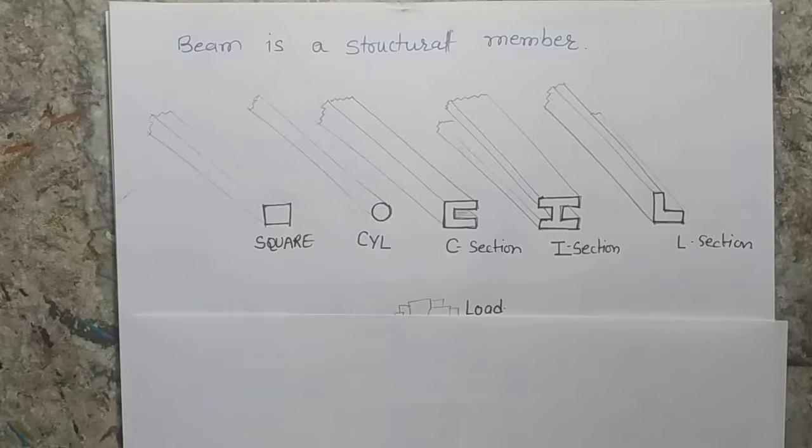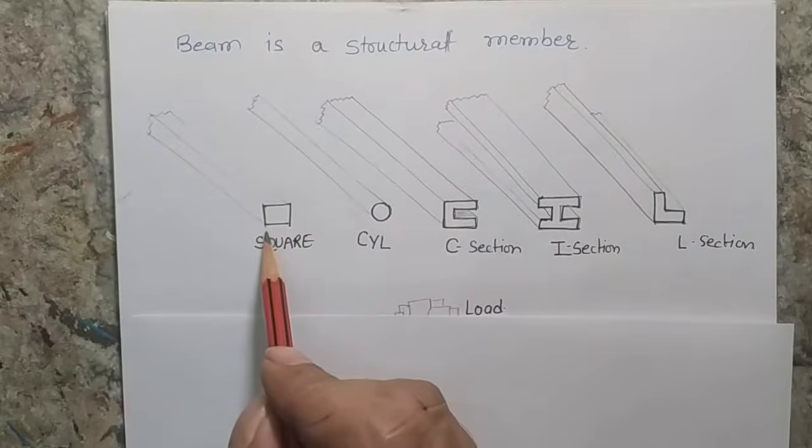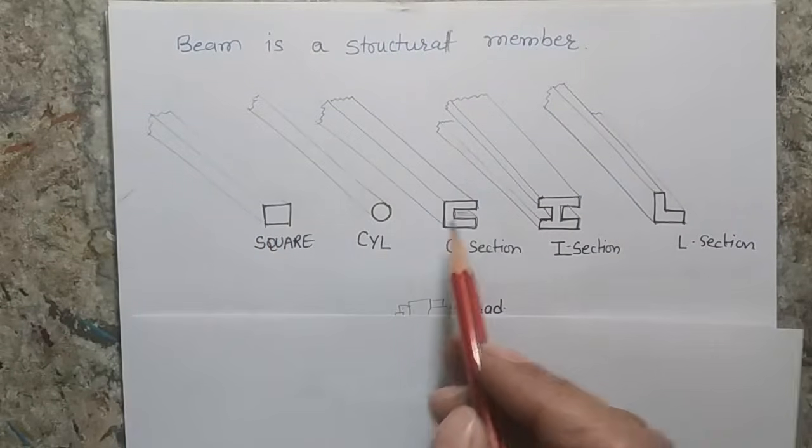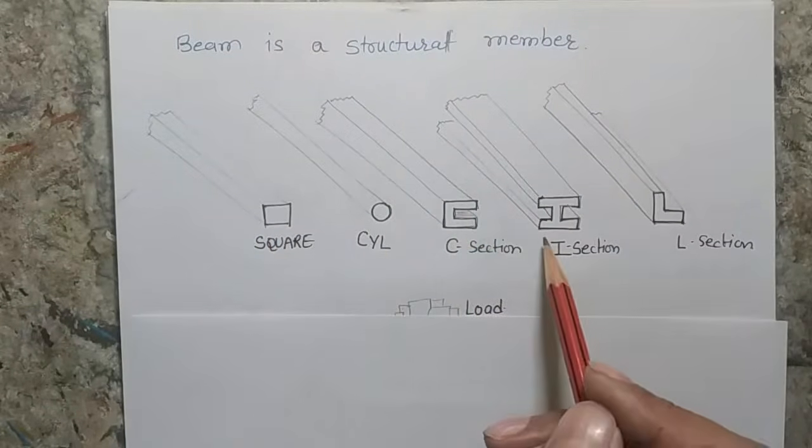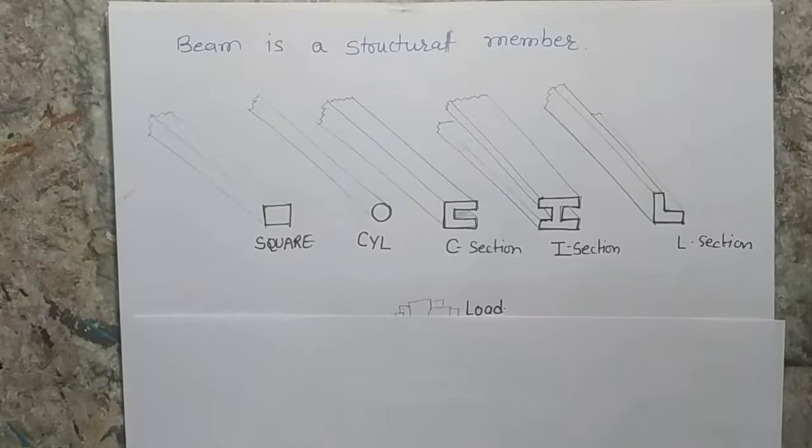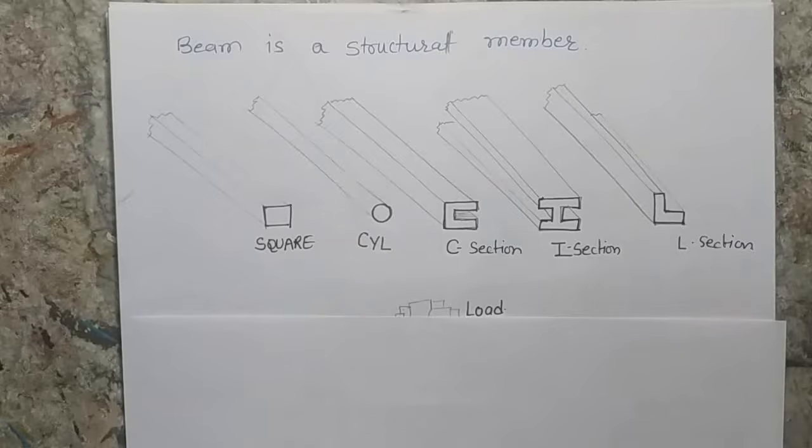So a beam may have different cross sections. Here I am representing a square section, a cylindrical section, a C section, an I section, an L section. You may also see different sections like T sections or others.